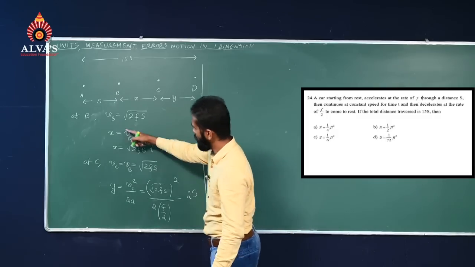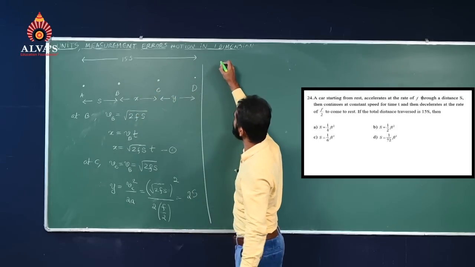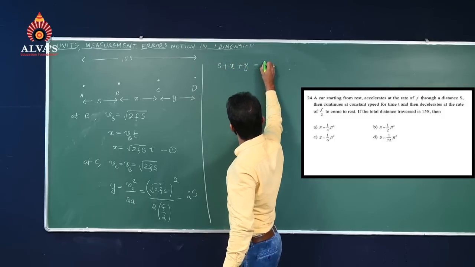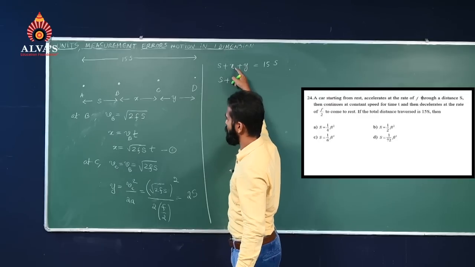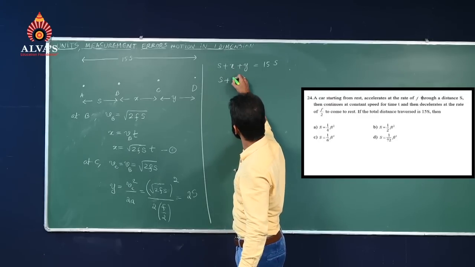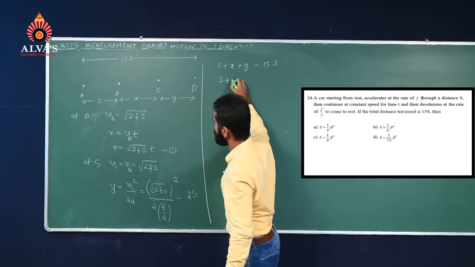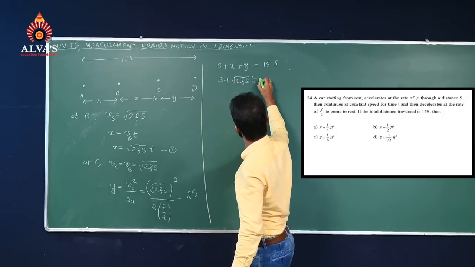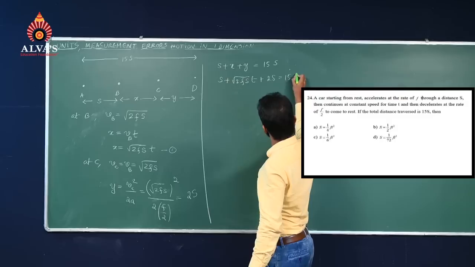Now if I add x plus y plus s, that total should be equal to 15s. So s plus x plus y is 15s. s plus x is already calculated as root of 2fs into t, plus y is already calculated as 2s, that is 15s.